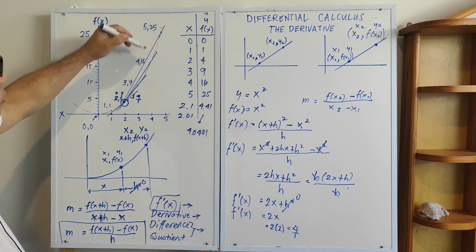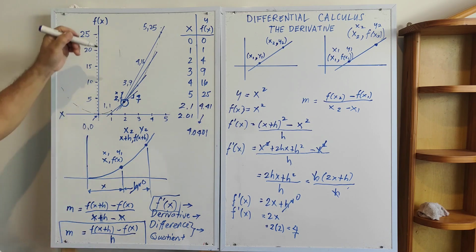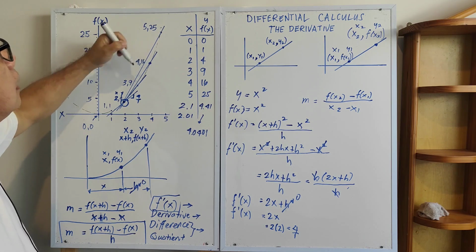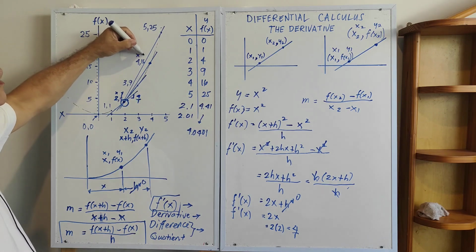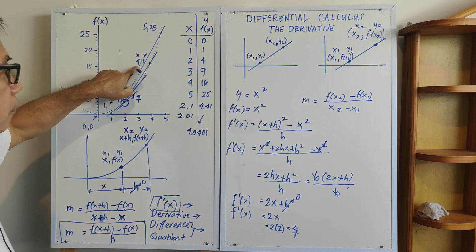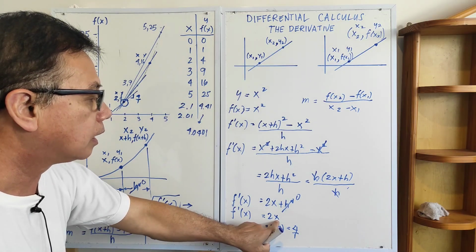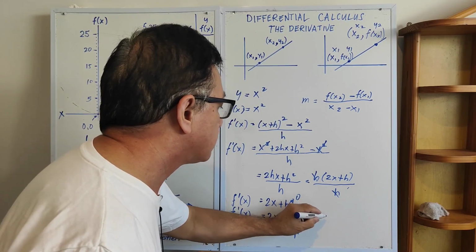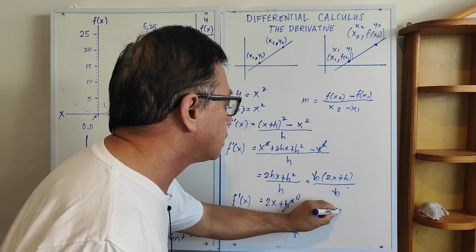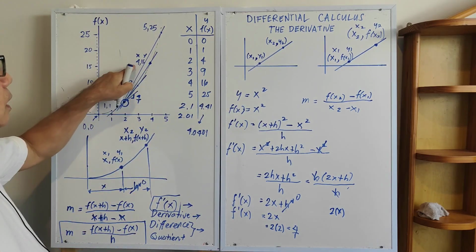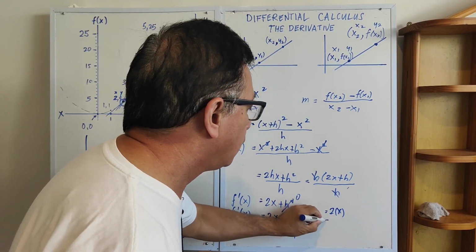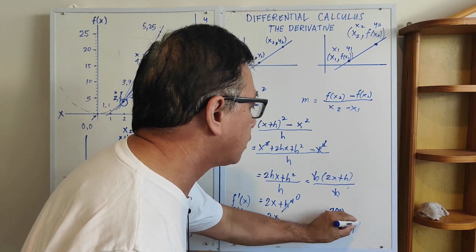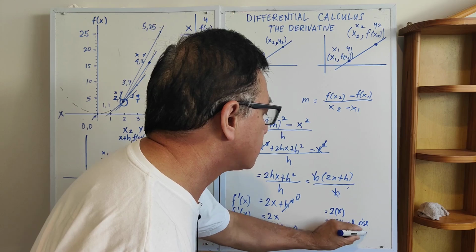Now you can find the slope at other points. For example, if you want to find the slope at 4, 16, here your x is 4. So you plug in the value of 4 into your x. So you want to find the slope at this point. So your 2x, you change x into 4. 2 times 4, 8, or 8 over 1. Your rise over run is 8.